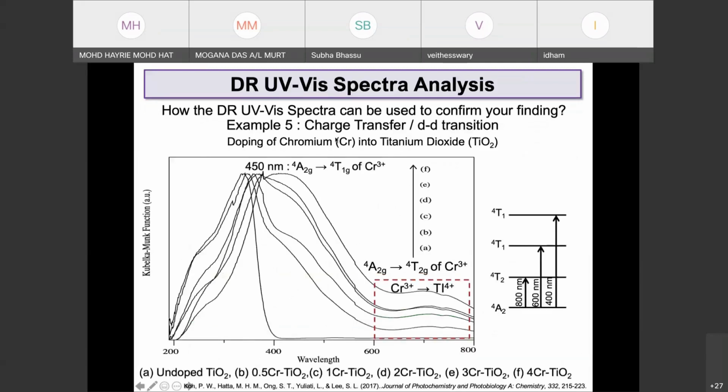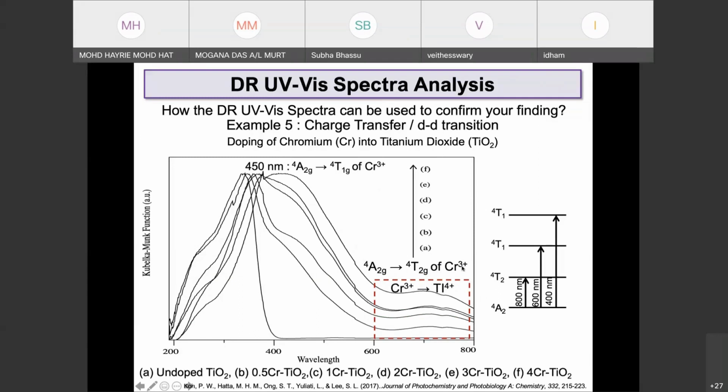Okay, so example 5, charge transfer or d-d transition. You can also obtain the information from the UV-vis spectra. For example, this one is the doping of chromium into the titanium dioxide.